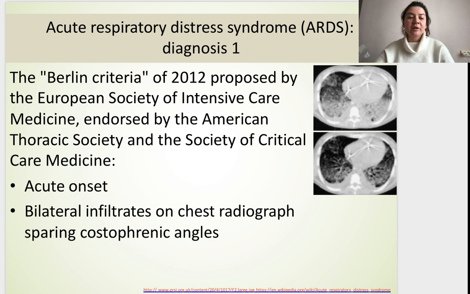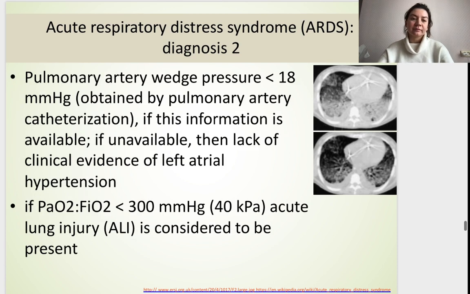It is bilateral infiltrates on chest radiographs sparing the costophrenic angles. It is pulmonary artery wedge pressure less than 18 mmHg obtained by pulmonary artery catheterization, if this information is available. If it is unavailable, then lack of clinical evidence of left atrial hypertension.